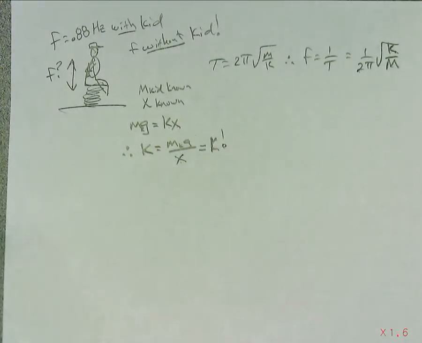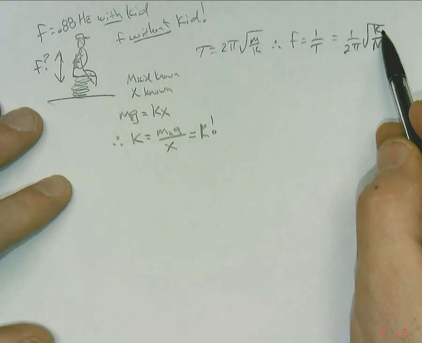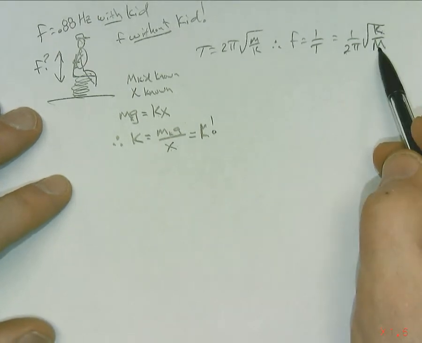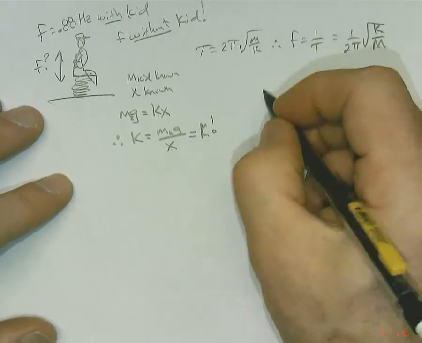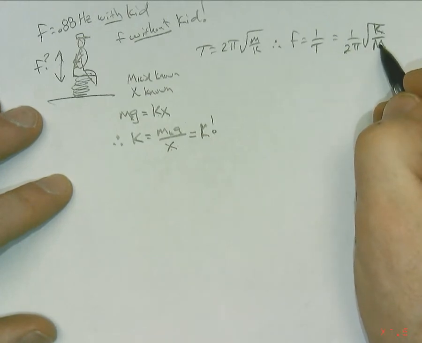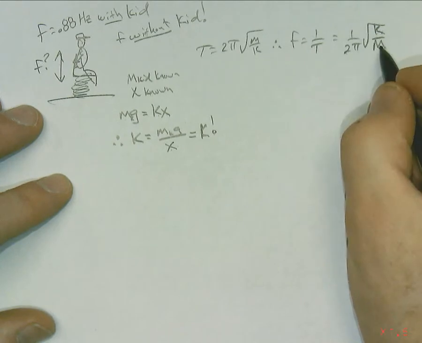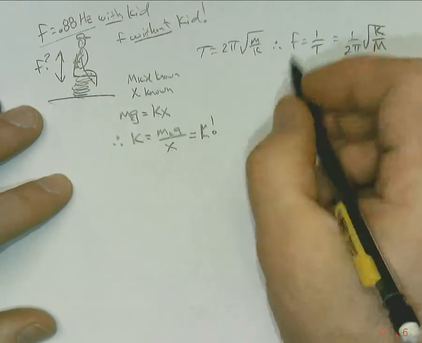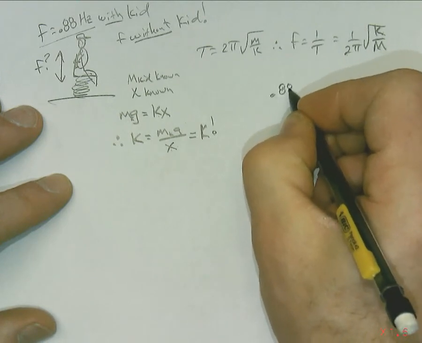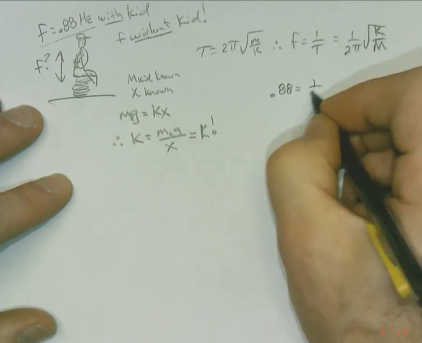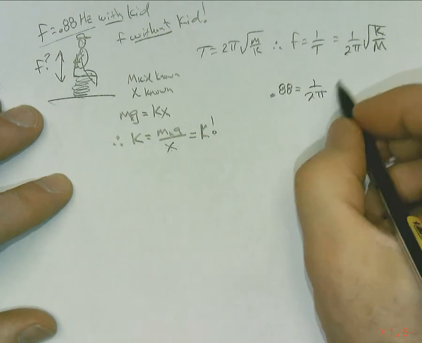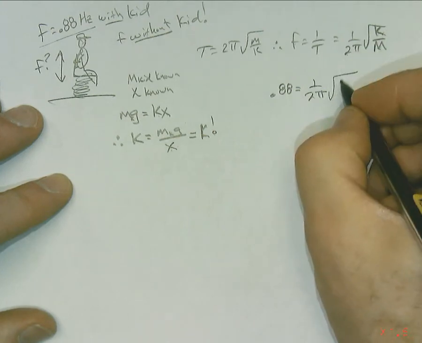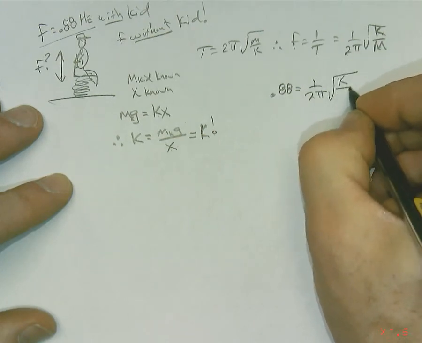So we come back up here and say, okay, I know what k is, so the only thing we have to worry about is m. Since the entire system is oscillating at 0.88 hertz, with kid and all, 0.88 is equal to 1 over 2 pi square root of k, which you now know, over m.